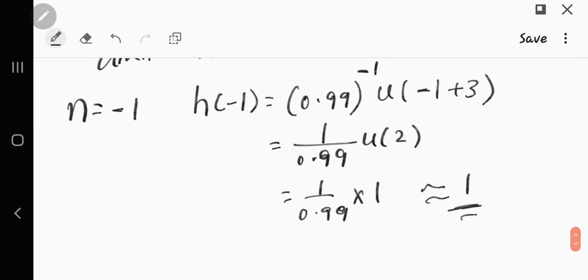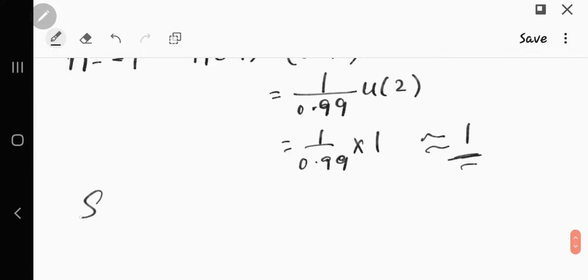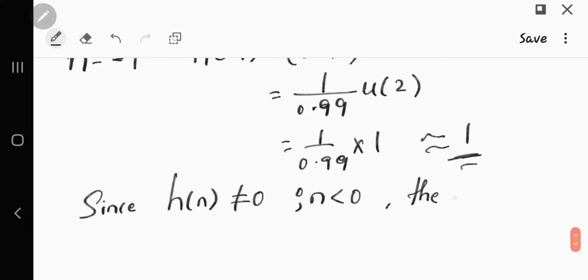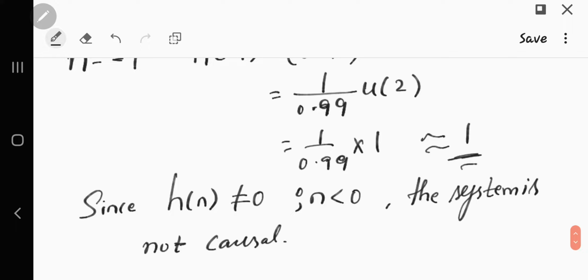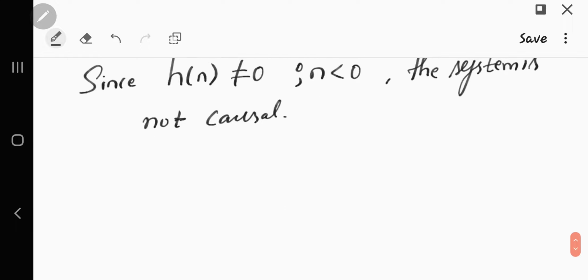So that means the condition is not satisfied. So we can conclude like this: since h of n is not equal to 0 for n less than 0, the system is not causal. So it is not a causal system.